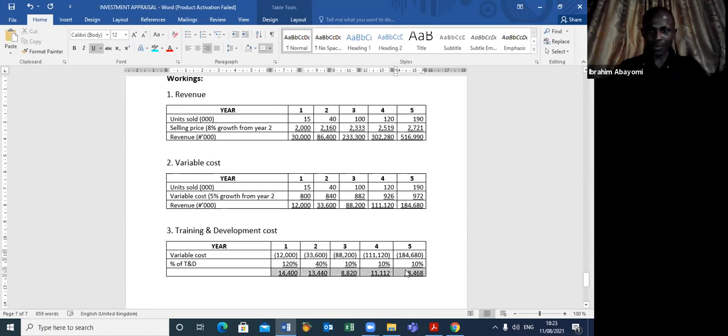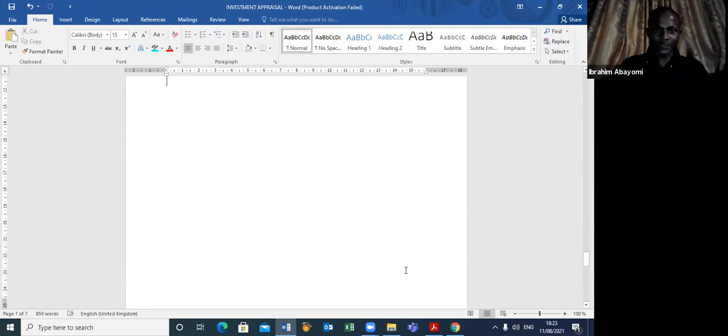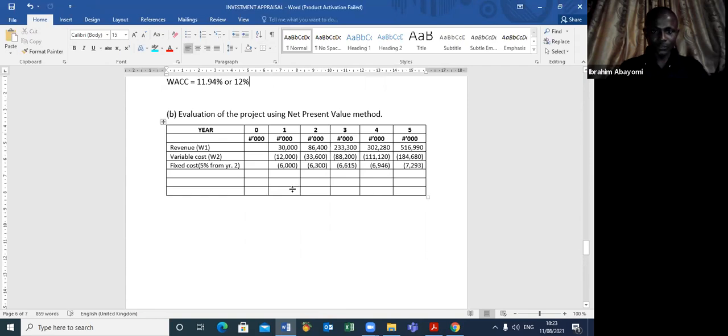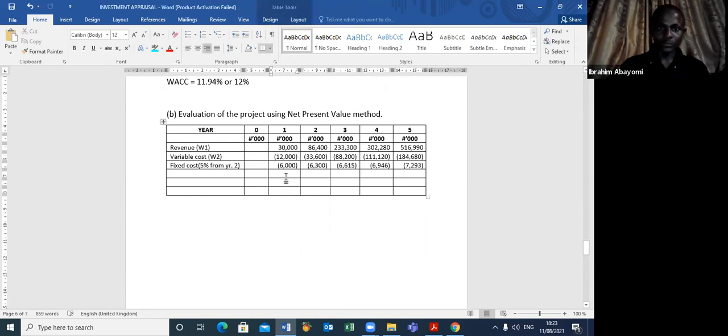So I will copy it. I go up there and paste training and development cost. I should put this in brackets as well because they are all costs.